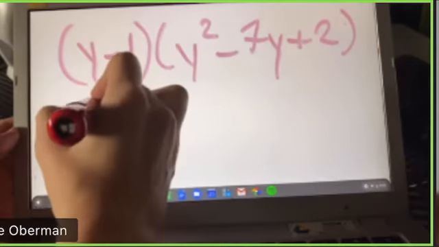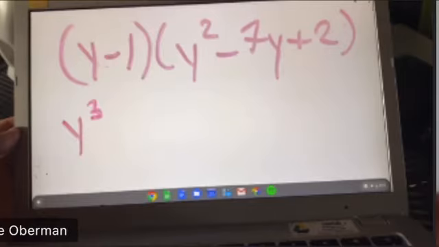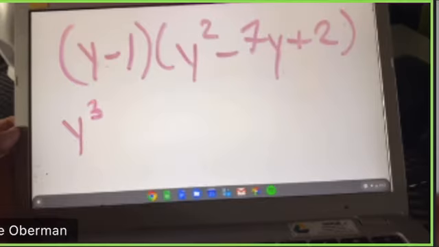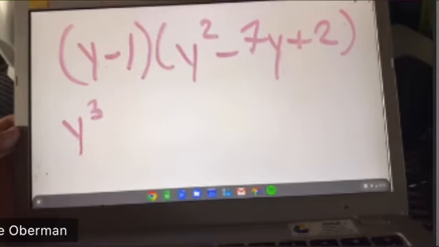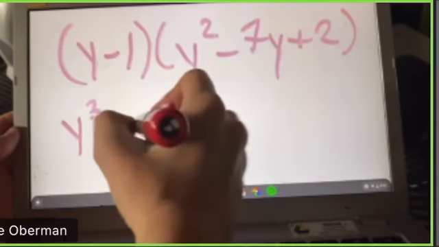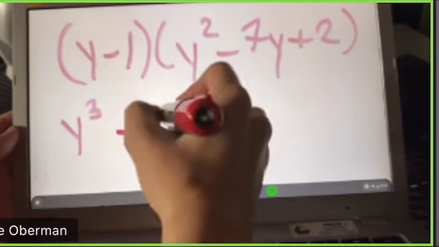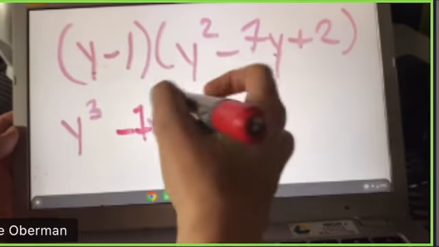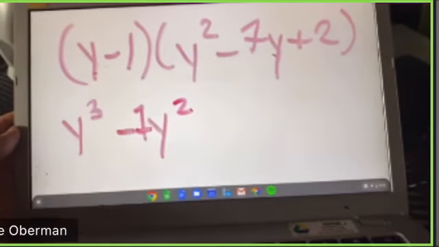Y cubed. Excellent. Okay. Who else maybe has their Sergio? Tell me what to do next. Minus y7. Good. Minus y7y, and they both have a y, so it will be squared, right? Good. Oh, yes. Good. Yeah, he's right. So we're distributing like this.